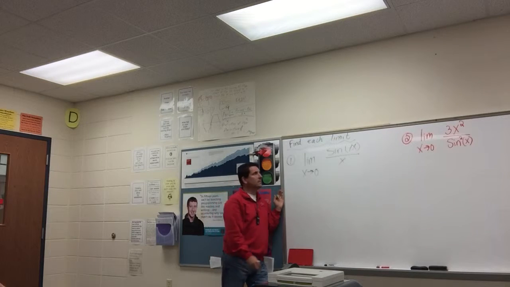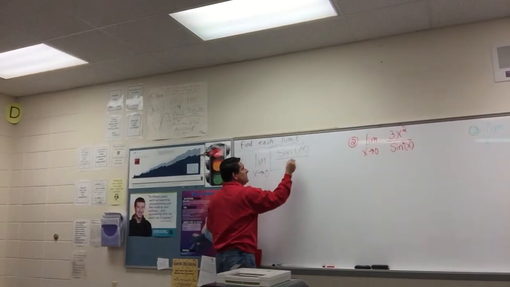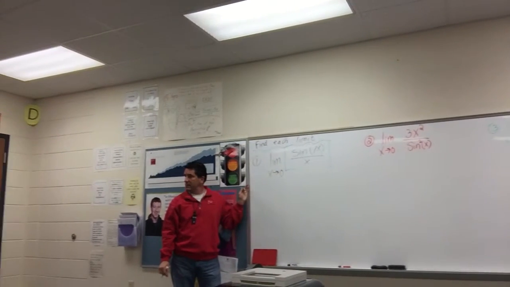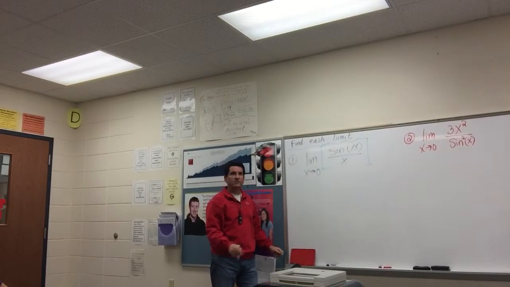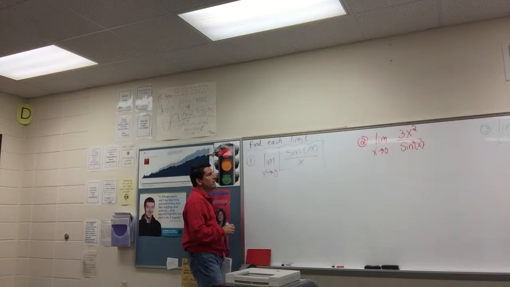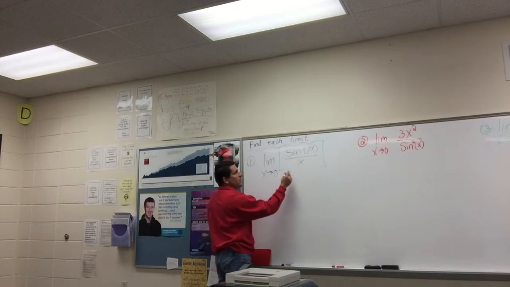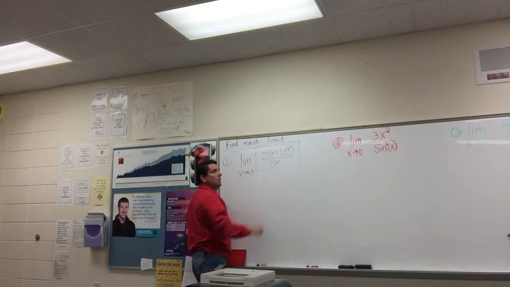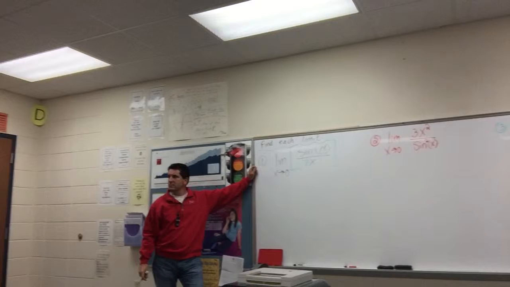If we could manipulate this in some way, you see, this is like I'm taking the limit of that function. Now, in the past, you've modified functions to benefit yourself. In other words, you multiply some things top and bottom by things in order to get something else. So what I'd say is I need this to match this. So what I'm going to do is multiply that bottom by 7.